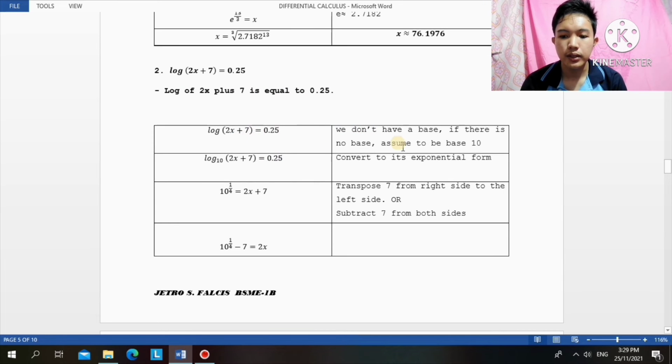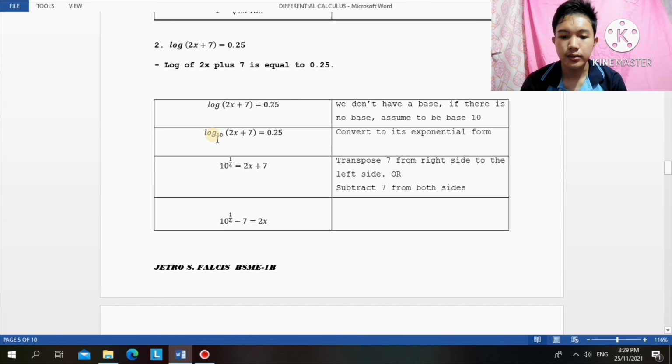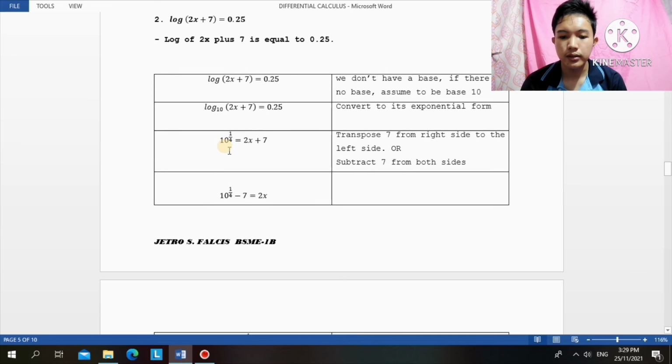Since we don't have a base, if there is no base, assume the base is 10. So log base 10 of 2x plus 7 is equal to 0.25. We can now convert to its exponential form. So 10 raised to 1/4 is equal to 2x plus 7.